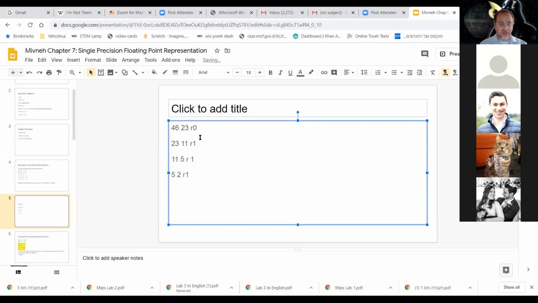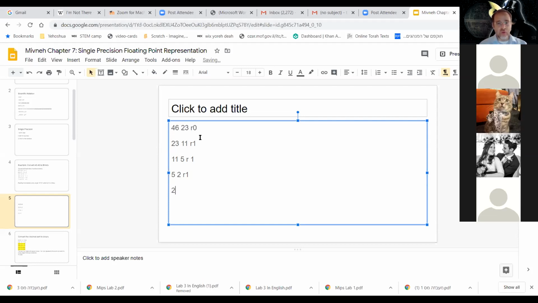Stop me if I make a mistake. Okay. So far, so good. Now we have 2 divided by 2 is 1, remainder 0. Just checking myself. Okay. And now we have 1 divided by 2 is a half, which means it's 0, remainder 1.